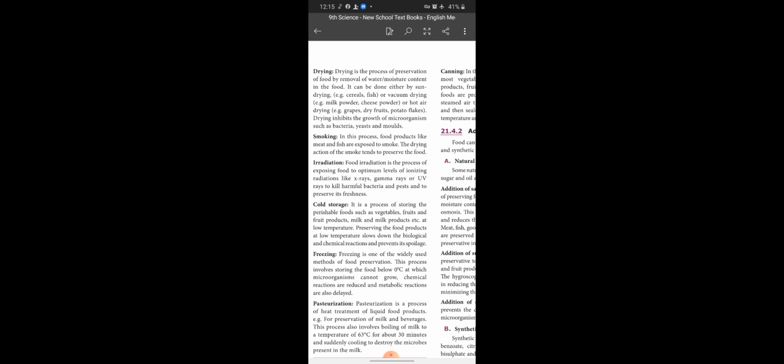Drying is the process of preservation of food by removal of water and moisture content in the food. It can be done by sun drying, for example cereals, fish, or vacuum drying, for example milk powder, cheese powder, or hot air drying, for example grapes, dry fruits, potato flakes.